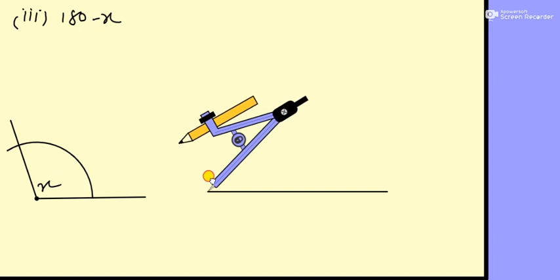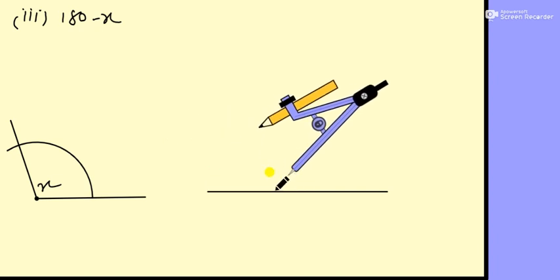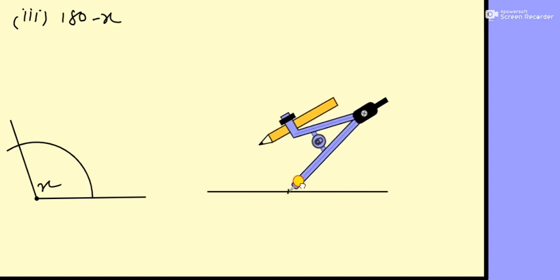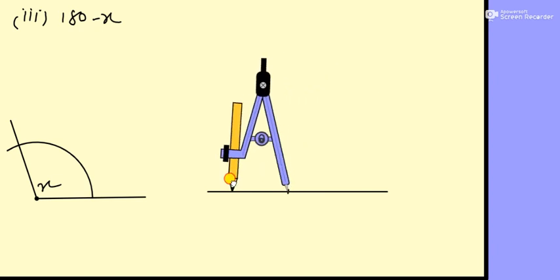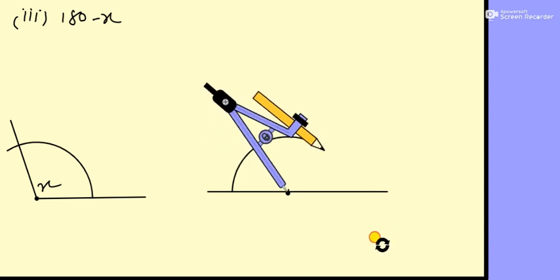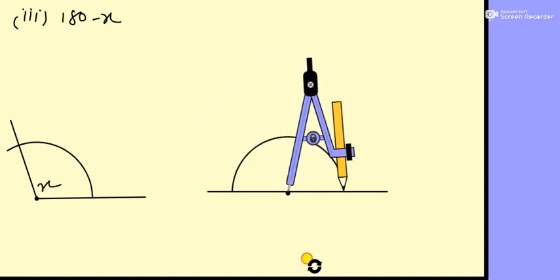Now come to here, take a point, this one, and put the compass point here, and take the pencil from here and you can draw like this. Yes.